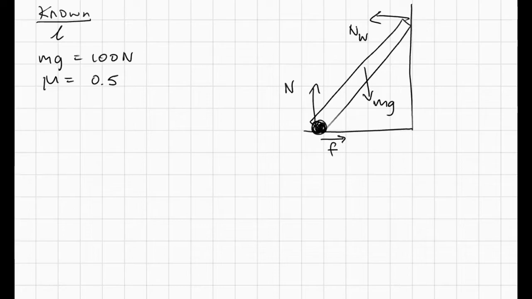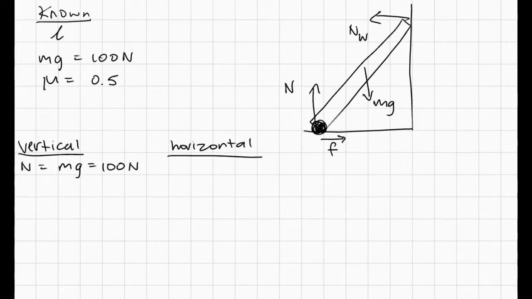Now we can separate our vertical and horizontal forces. For our vertical forces, we have the normal force is equal to the weight, mg, equals 100 newtons. And for our horizontal forces, the friction force will be equal to the normal force from the wall.